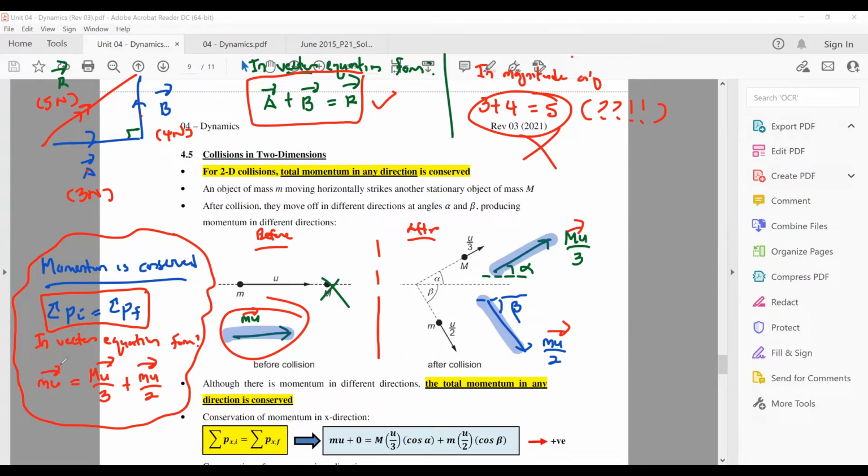But the final momentum after collision will just be mu over 2 plus mu over 3. Now, this one is considered to be correct, all right, in vector equation form.